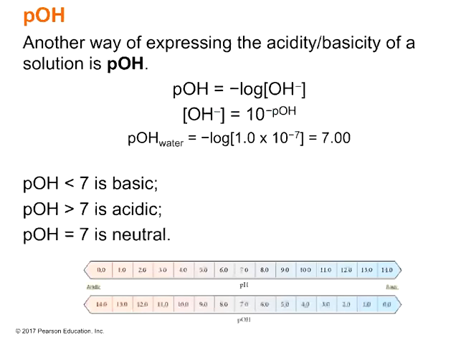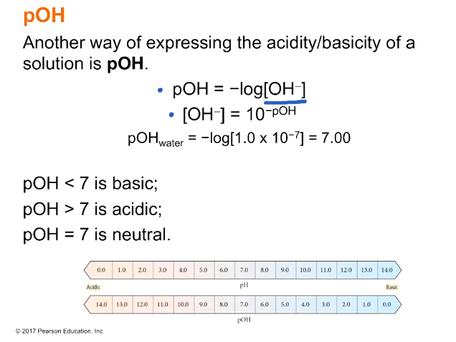So pOH looks very similar to the calculation for pH, but this time we're taking the negative log of the concentration of hydroxide ions. And again, we can do the reverse calculation. So if we're given a pOH value, we can figure out what the concentration of hydroxide ions is by taking 10 and raising that to the negative of the pOH value. So that's just an inverse log there.